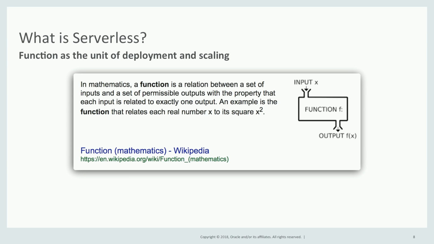So, what is serverless? At the heart of serverless, we have this notion of a function. A function is basically a well-bounded piece of code that most of the time has an input, most of the time has an output, and that function will do something. It has one job, and it should obviously do that job very well.